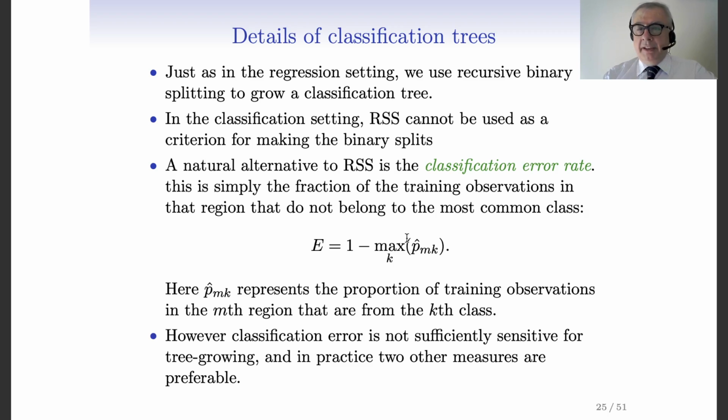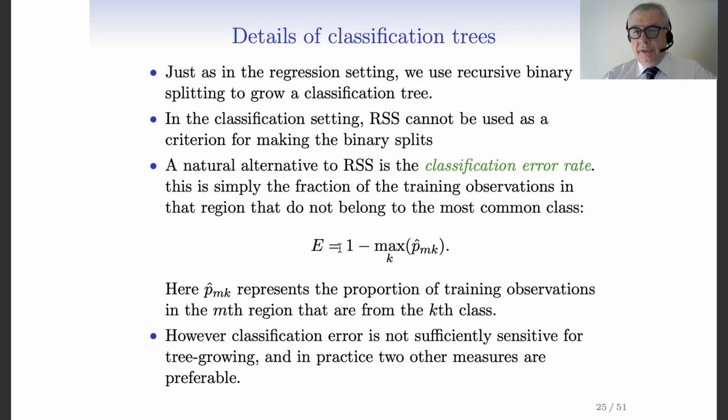So once we have the split, it is easy to have the classifier. Some more details. Just as we did for regression, we use recursive binary splitting. And in the classification setting, of course, we cannot use RSS, the residual sum of squares, as a criterion. A natural alternative is the classification error rate. This is simply defined as the fraction of training observations in a given region that do not belong to the most common class.